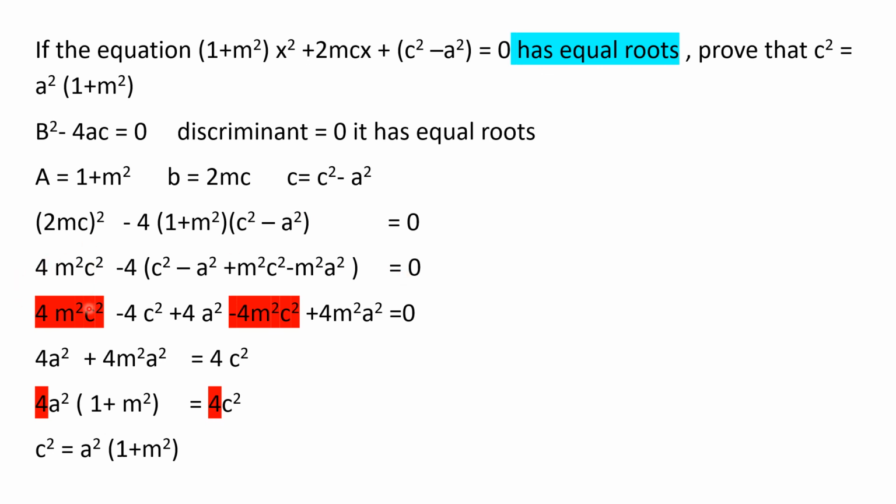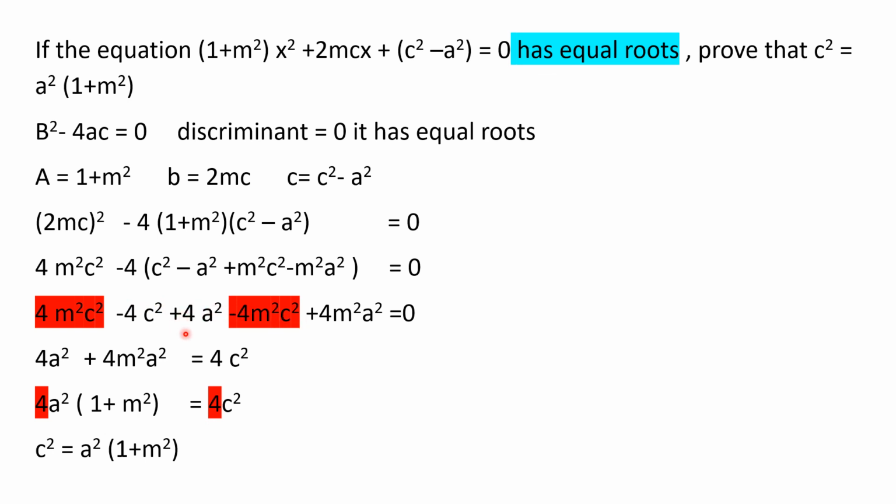So 4m square c square minus, multiply with this, 4c square minus into minus plus 4a square, minus into plus minus 4m square c square, minus into minus plus 4m square a square equal to 0. So here plus 4m square c square minus 4m square c square will get cancelled.